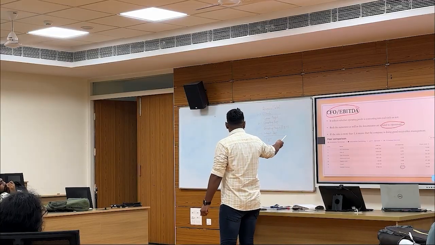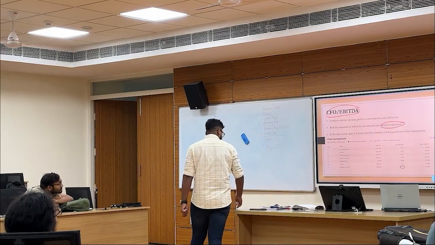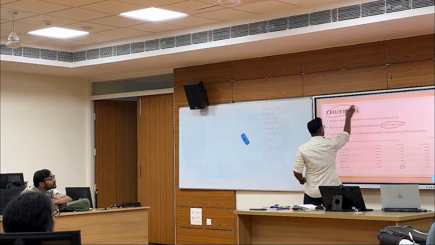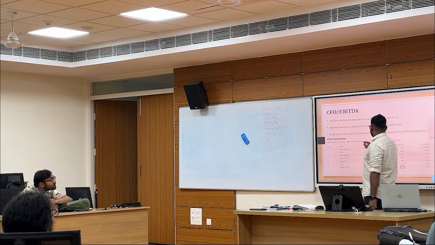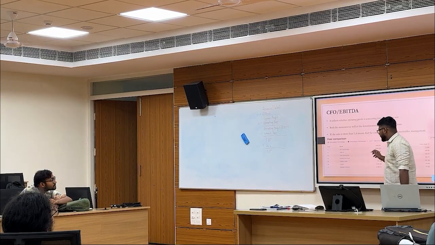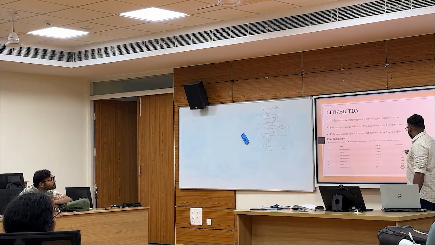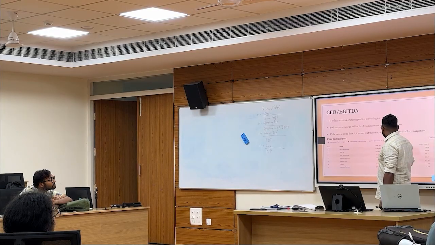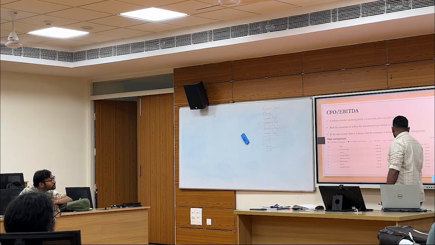So I have included a peer comparison of the information technology, IT-enabled services companies. We can see that the CFO by EBITDA of all six companies is very good. But when we compare with Peer Network Technologies, we can see that it is negative.